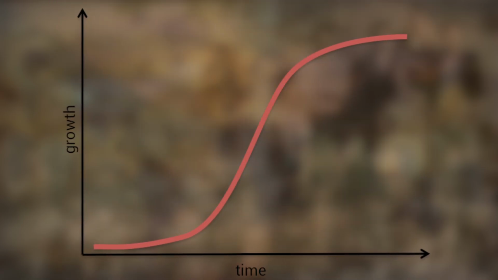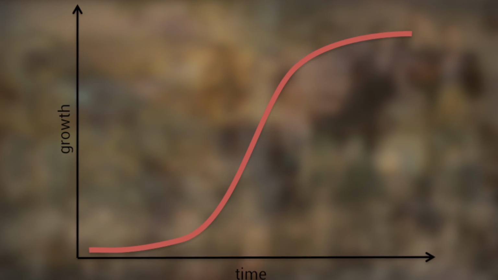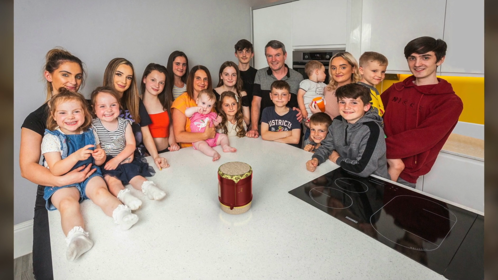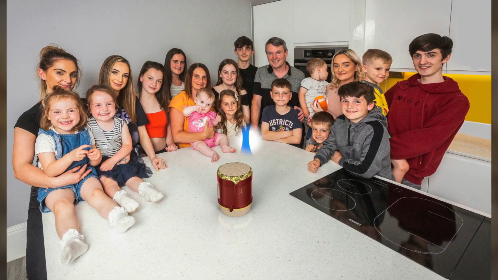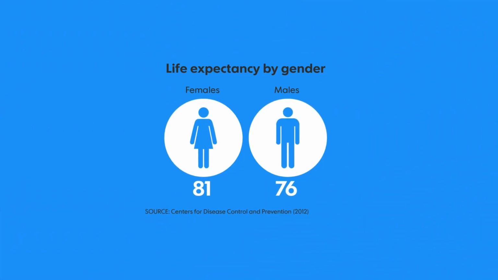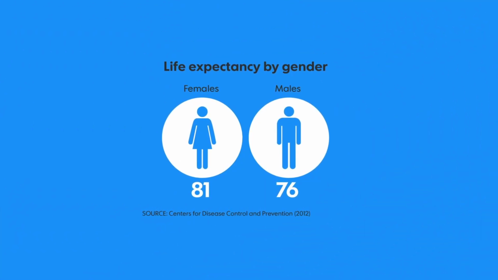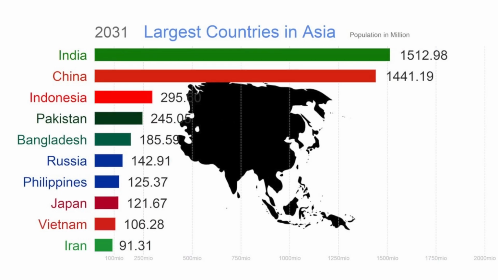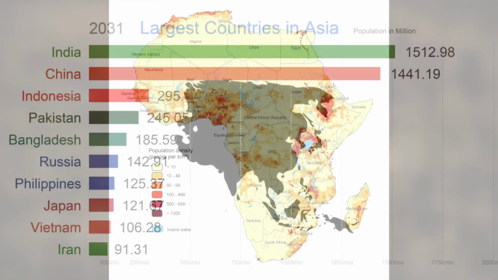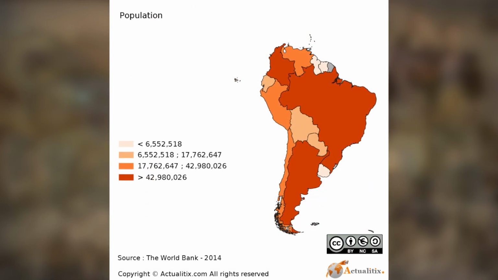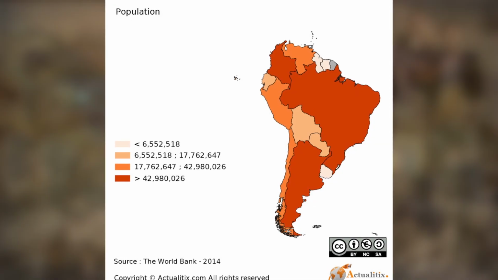Different populations grow at different rates around the world. This depends on how many children families have and the number of years someone is expected to live. The populations of many countries in Asia, Africa and Latin America are growing the fastest, especially where large families are still important.